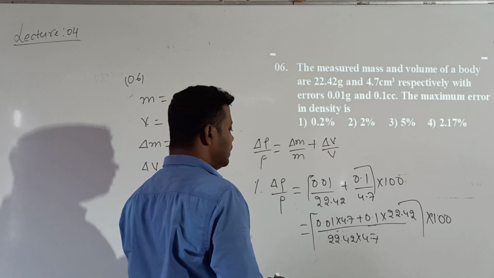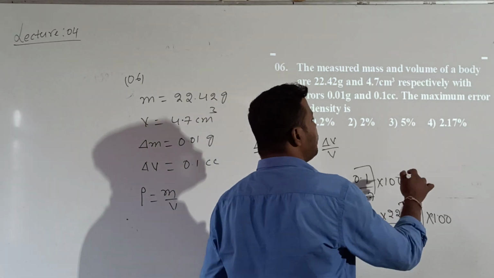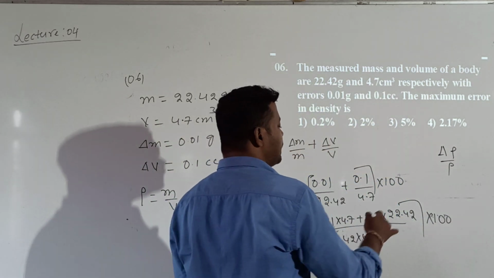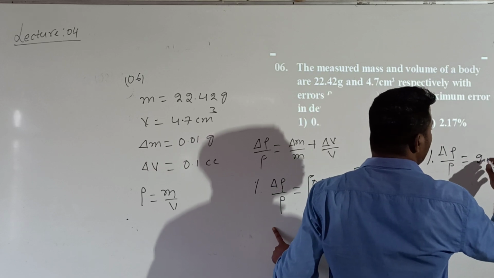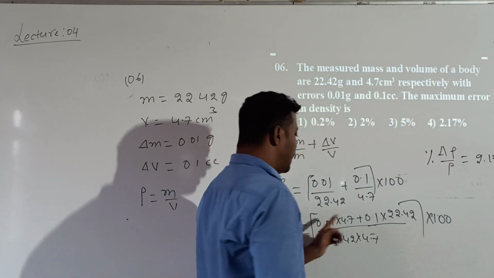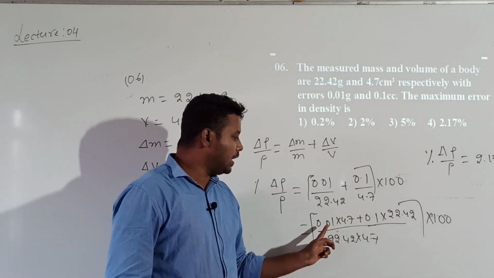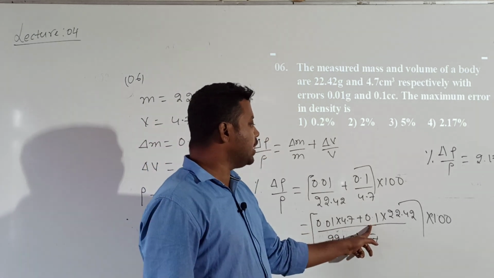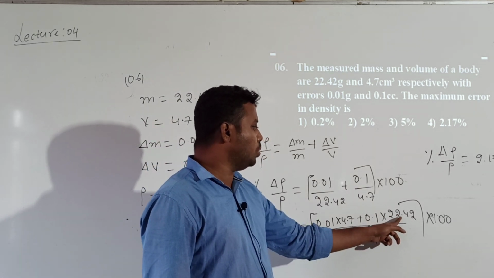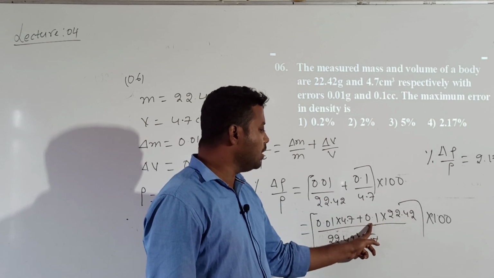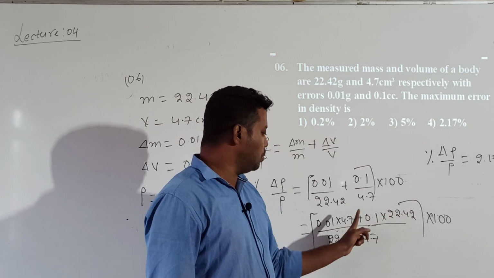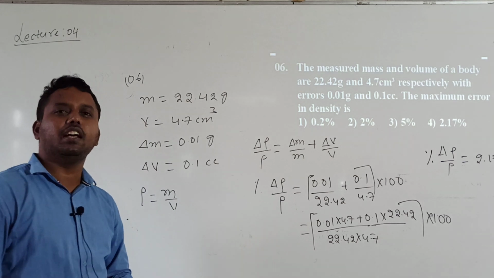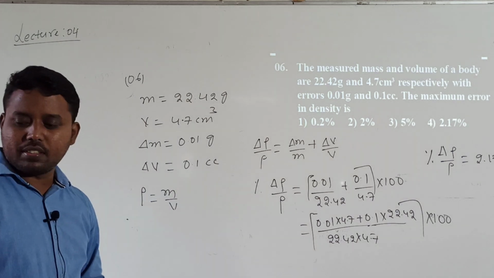Now delta rho divided by rho, you simplify this percentage and you will get the answer of 2.17 percent. When I multiply with 100, this becomes 4.7, and the other becomes 224.2. Add both, then simplify this, and after that you will get the answer. You can do the simplification now. So this is question number 6.